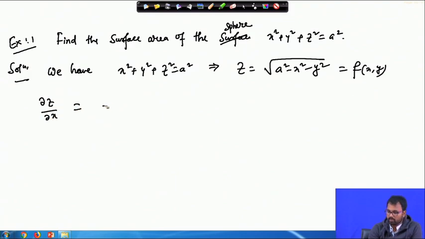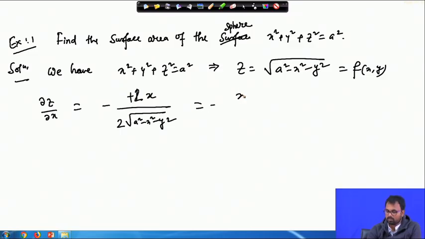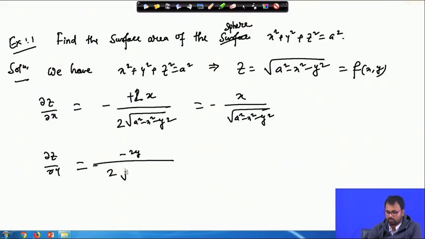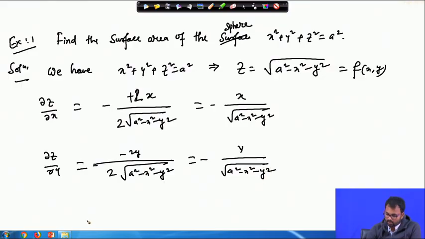So let us calculate del z del x. This will be minus 1 by 2 times the square root of a squared minus x squared minus y squared, times minus 2x. The 2 will get cancelled, so this is basically minus x over the square root of a squared minus x squared minus y squared. Similarly, I can calculate del z del y equals minus y over the square root of a squared minus x squared minus y squared.